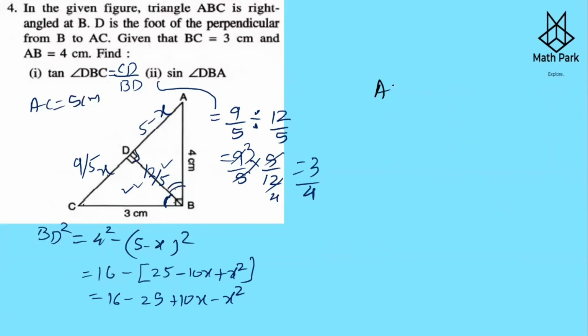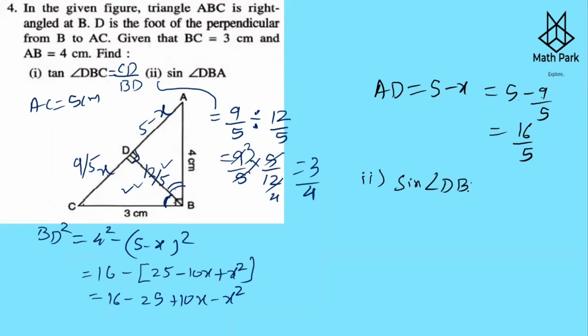AD is equal to 5 minus X, that is 5 minus 9 by 5. 5 5s are 25, 25 minus 9 is 16, so 16 upon 5 is the value of AD. Now we have to find the second part, that is sine of angle DBA, which is opposite by hypotenuse.